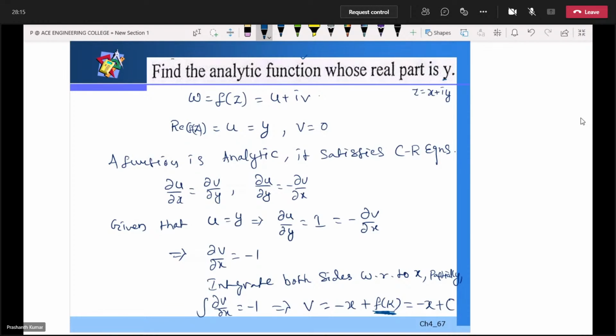After that, we have harmonic functions and some special functions for complex variables. This is only a very simple part you have. In the next class I will discuss how we remove this arbitrary function value as an arbitrary constant.